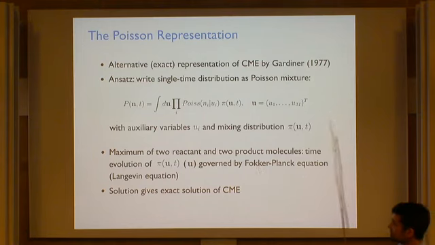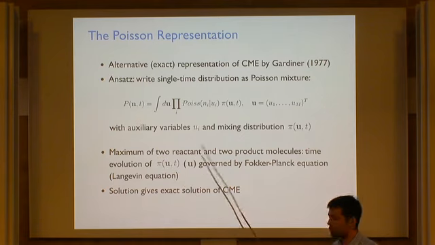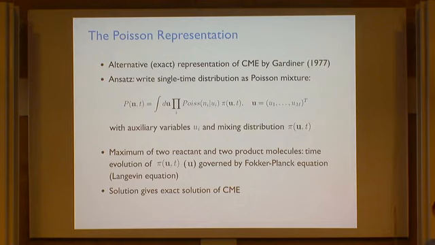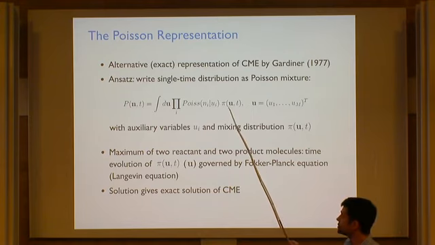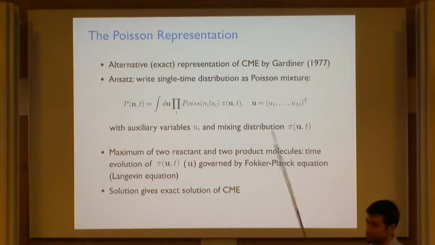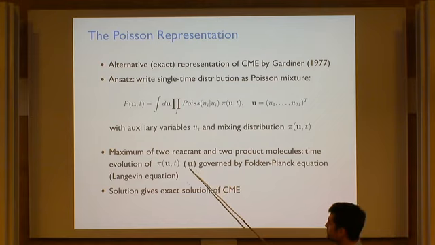And as it turns out, if we have a maximum of two reactant and product molecules on all reactions, on the left and the right side, not more than two different particles, then one can show that the mixing distribution fulfills a Fokker-Planck equation. Or equivalently, the auxiliary variables u fulfill a Langevin equation.